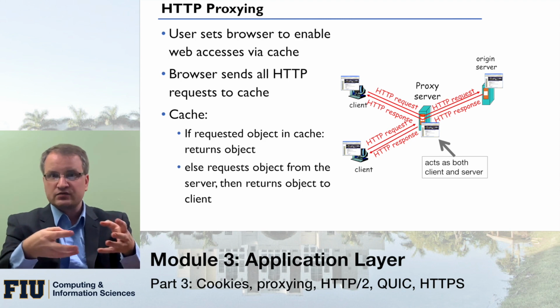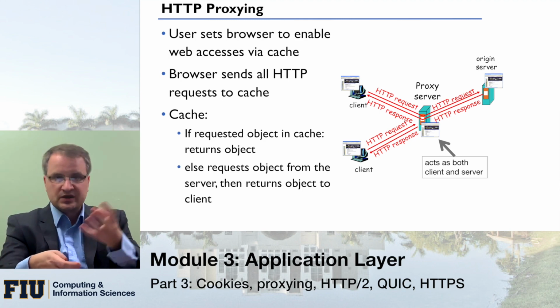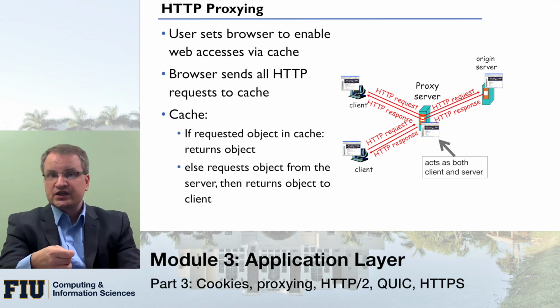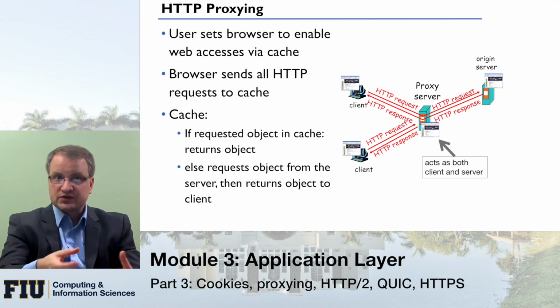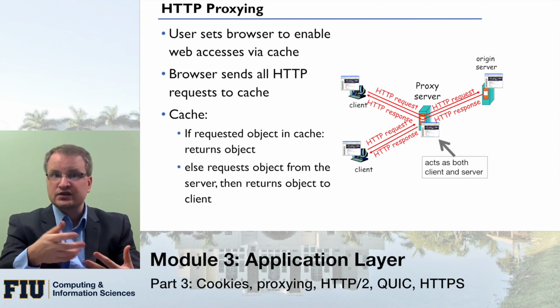Whenever I'm requesting, or some other element inside the web page is requesting some resource, the first thing that happens is the browser will check its internal cache, and if it's there, it will immediately return without ever sending any kind of request or DNS queries or anything like that.